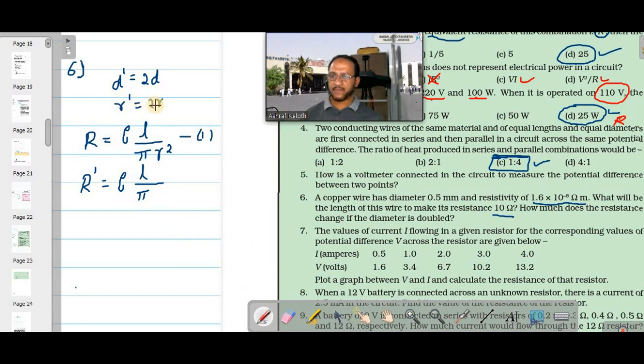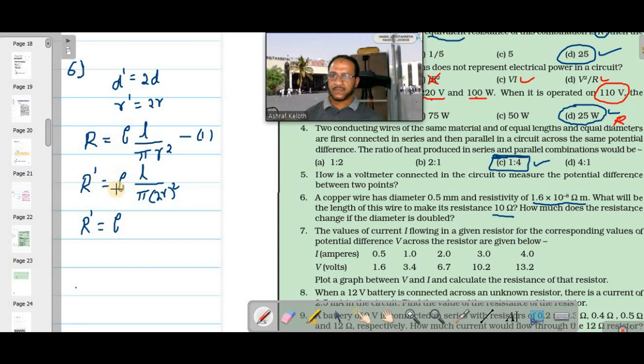The new radius is 2R, doubled. When the diameter is doubled, the radius also doubles. So here instead of R square I should write 2R the whole square, because the radius is doubled.